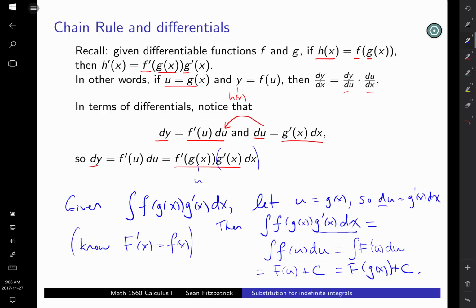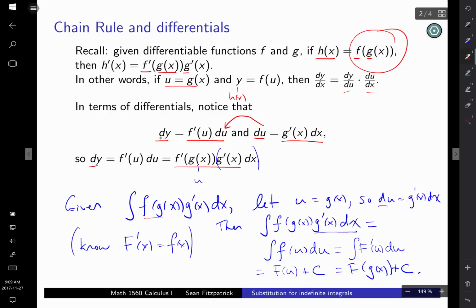But the main thing that you have to keep in mind when you want to do this substitution method is, what are you looking for? You're looking for composition. Remember that the chain rule comes along whenever you're dealing with function composition, and if we're trying to reverse the chain rule, then the way we know that we need to do so is we see function composition in our integral.